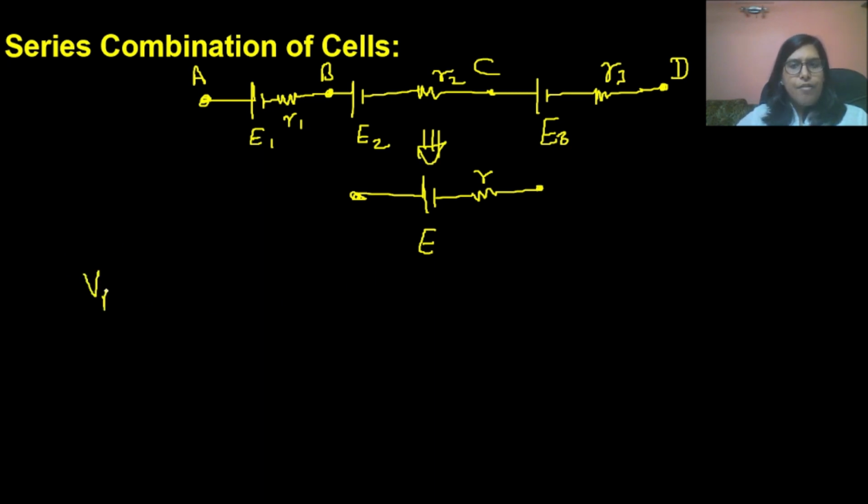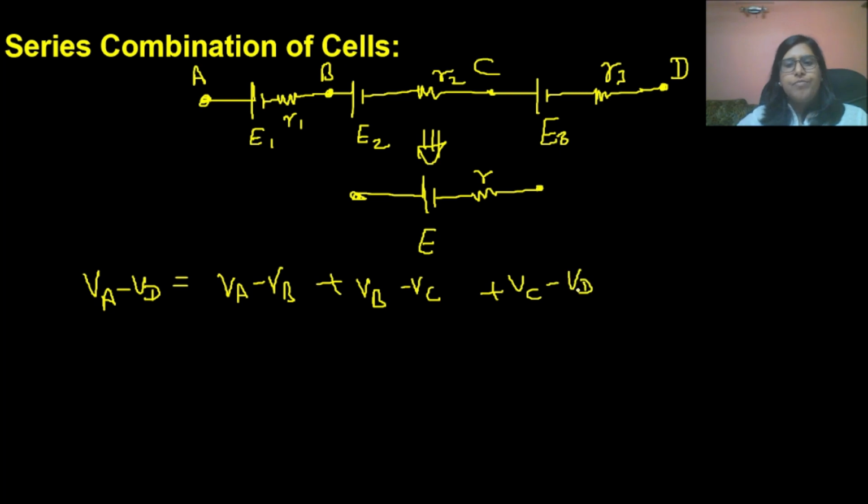We can say VA minus VD equals VA minus VB plus VB minus VC plus VC minus VD.